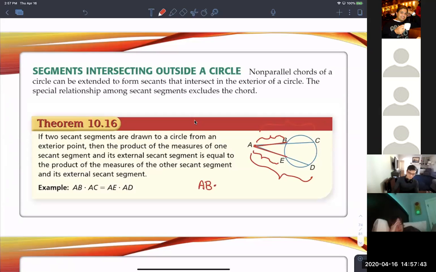So AB times AC equals AE times ED. So when you have segments coming out from the outside, it's the line to the circle times the entire line equals the line to the circle times the entire line.